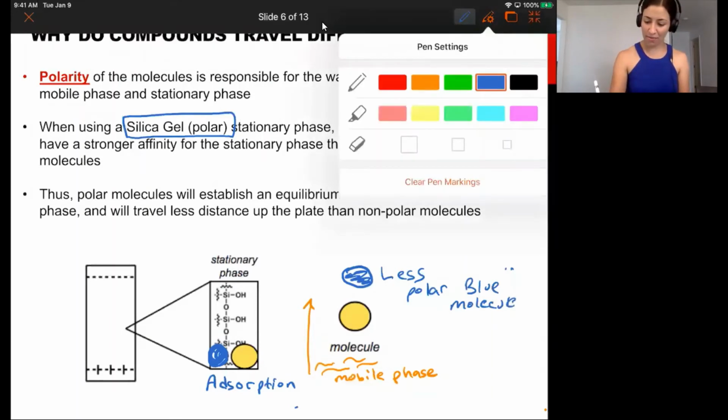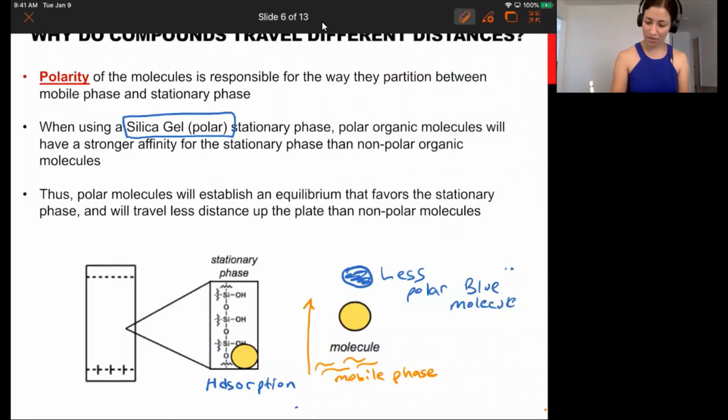And so what will happen is the blue molecule will travel further up the plate by continually desorbing into the mobile phase and adsorbing back onto the solid phase. We call this a dynamic equilibrium.